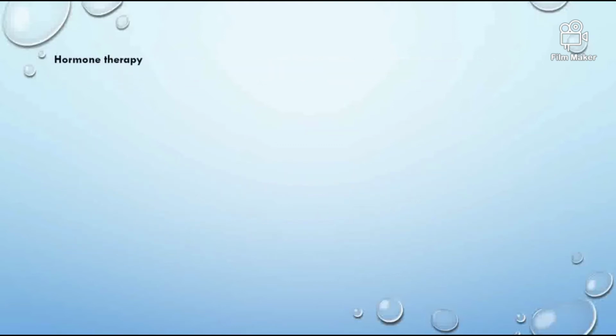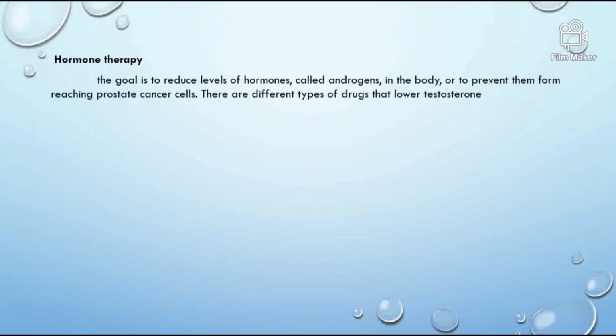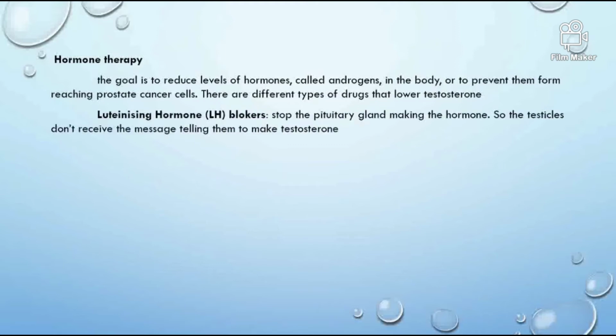So, another therapy is hormone therapy. The goal is to reduce the levels of hormones called androgens in the body, or to prevent them from reaching prostate cancer cells. There are different types of drugs that lower testosterone. One is the luteinizing hormone, or LH, blockers.